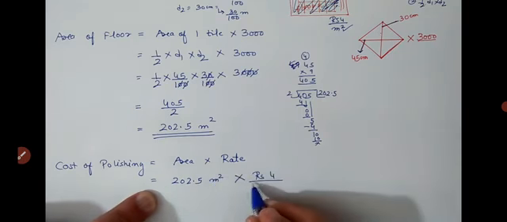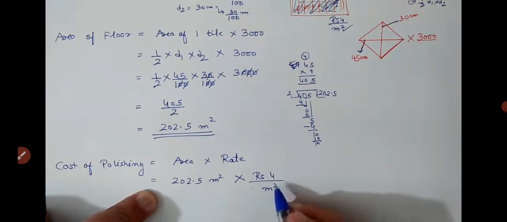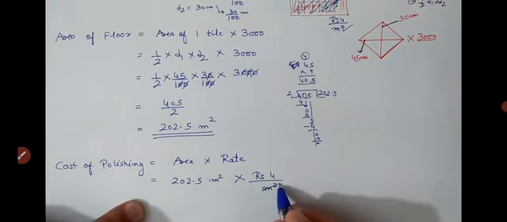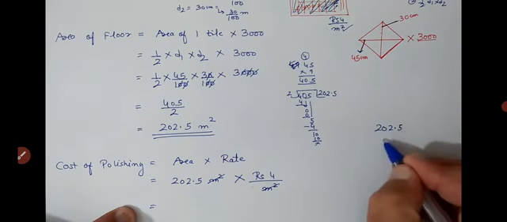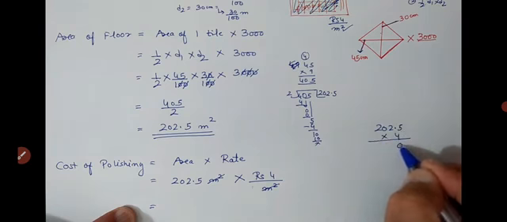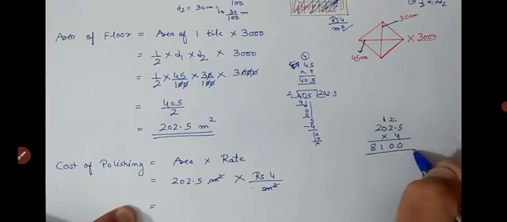Okay, so when we multiply 202.5 into 4, because both are in meter square, multiplication करेंगे हम, 202.5 into 4. 4 5 are 20, 4 2 are 8 plus 2 10, 1 carry out, 4 2 are 8, so we can get 810.